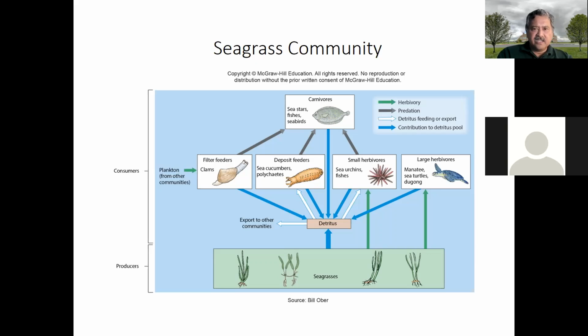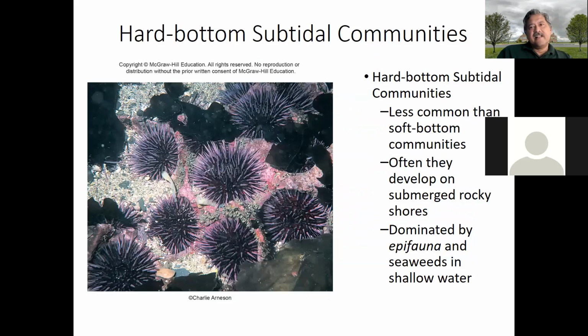But here you see some animals, whether small or large, grazing off of the seagrasses, and all of that goes into the detritus pool. And then all of the organisms of the ocean can benefit from the addition of nutrients to the nutrient cycle that way.